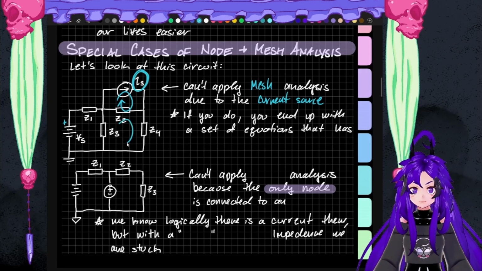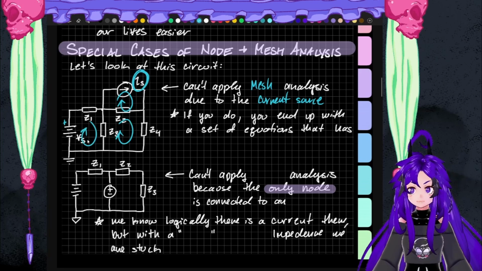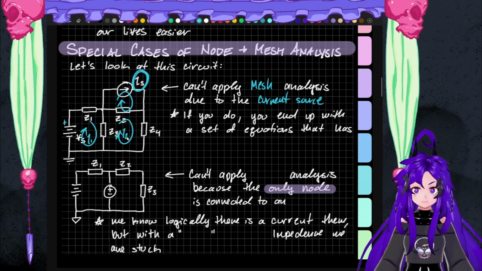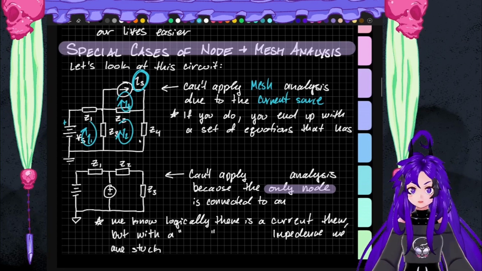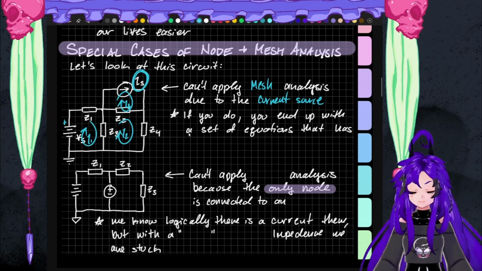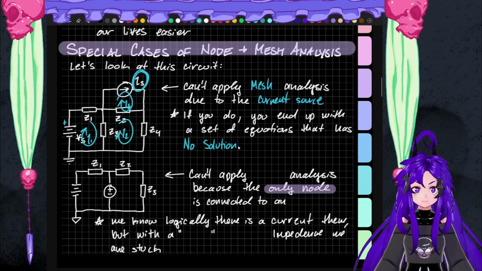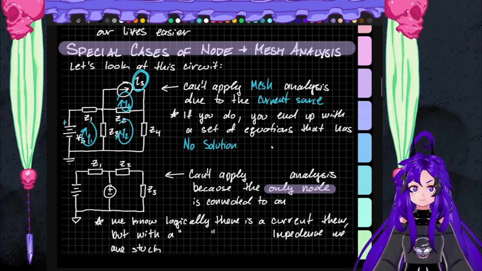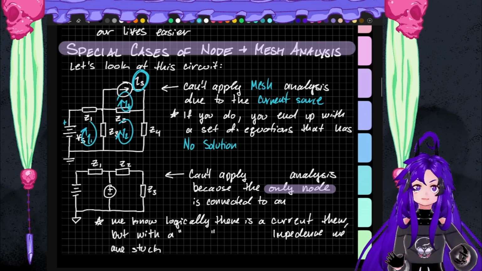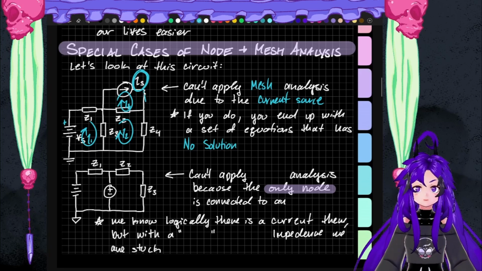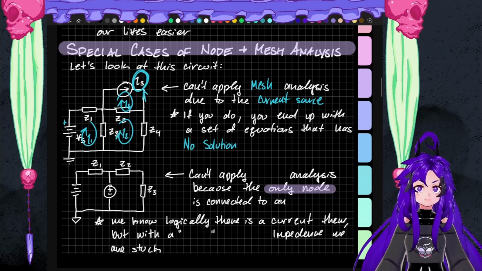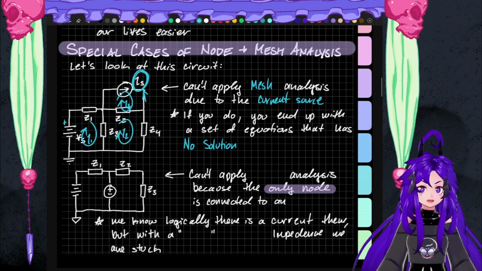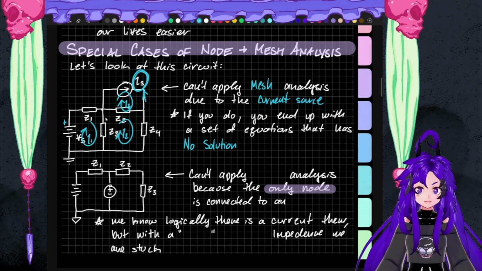If you were to just apply mesh analysis the way we've learned, with three loop currents that we then solve for using a series of equations, we would end up with no solution, because our solution would have to equal I_S, and it doesn't. So in these cases, we cannot apply mesh analysis. We'd have to try something else.